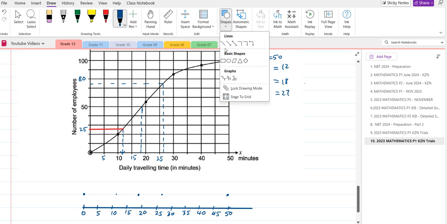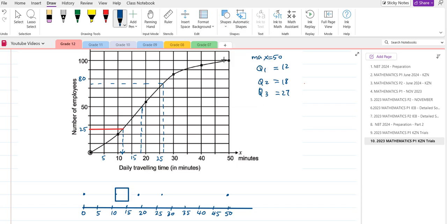Let me just box this up. Remember there are vertical lines here. We're going to write Q1, Q2, Q3. That's the maximum and that's the minimum. I already wrote all this down here, so the examiner can see the minimum and the maximum. I hope you guys are understanding.